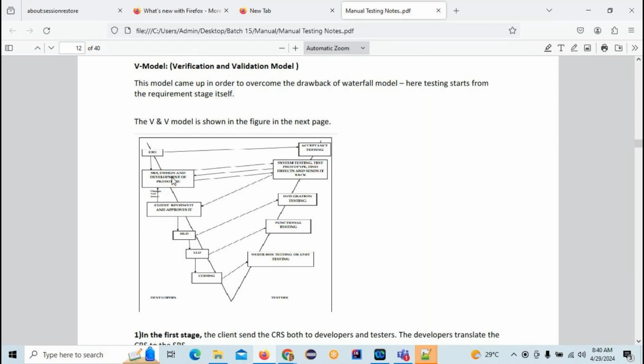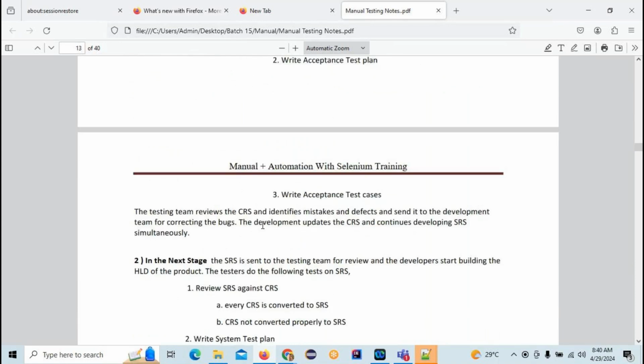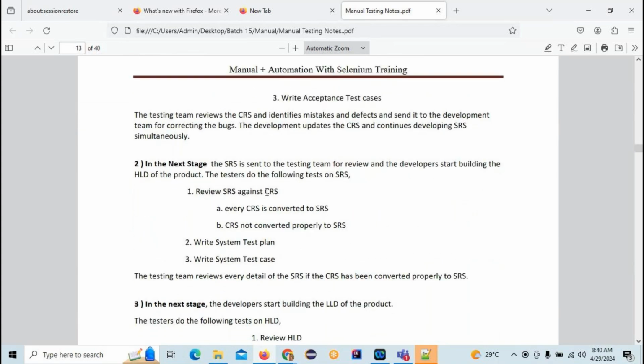Meanwhile, the testers will check whether the SRS matches the CRS. The testers will review the SRS document against the CRS: whether every CRS requirement is converted to the SRS, or whether any is not converted properly. These are the major things the testers will do.